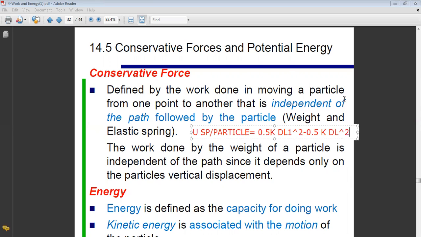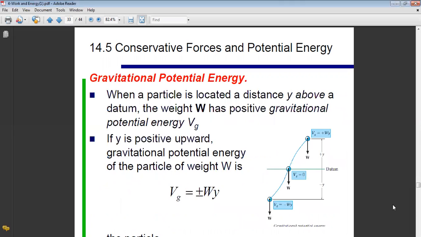Okay. Now, when we have a conservative force, we can define what is called potential energy. The two main types of potential energy we work with are the gravitational potential energy and the elastic potential energy. For the gravitational potential energy, you need to select a reference, a datum line, okay? And the choice of your reference will not affect your result because at the end you care for delta y. So whatever my reference is, delta y is the same, okay?